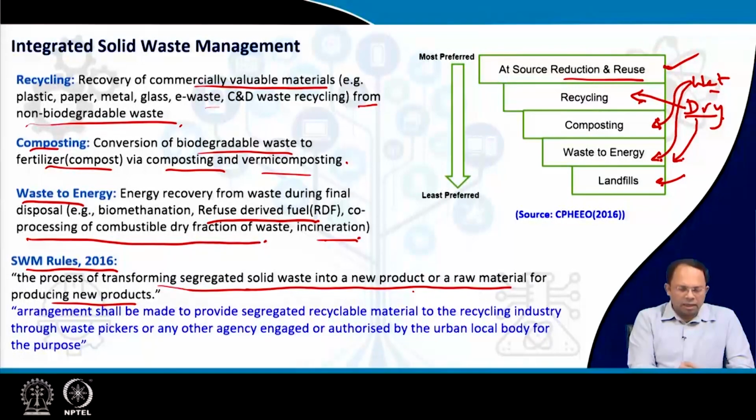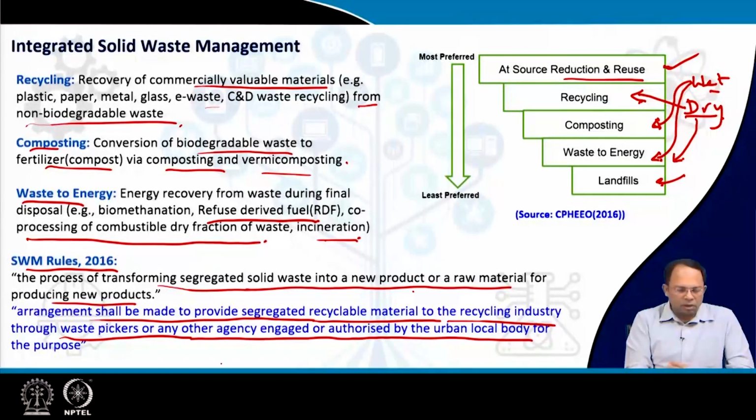And not only that, there has to be an arrangement made by ULBs to provide segregated recyclable materials to the recycling industry through waste pickers or any other agency engaged or authorized by the urban local body for the purpose. So it's not only that the recycling process is mandatory, but also making sure that the recycling industry is supplied with materials, as well as engaging waste pickers and other informal workers to do the sorting and other work required to recover these materials. This is made mandatory for the urban local body.